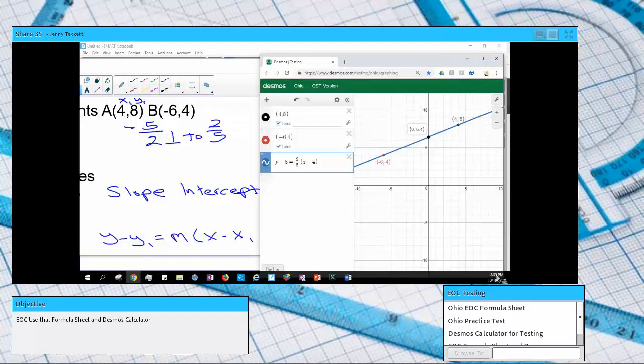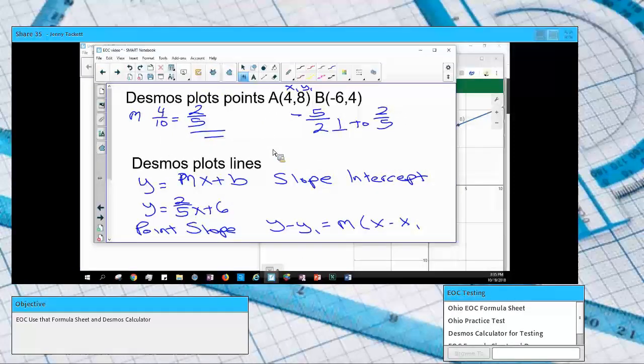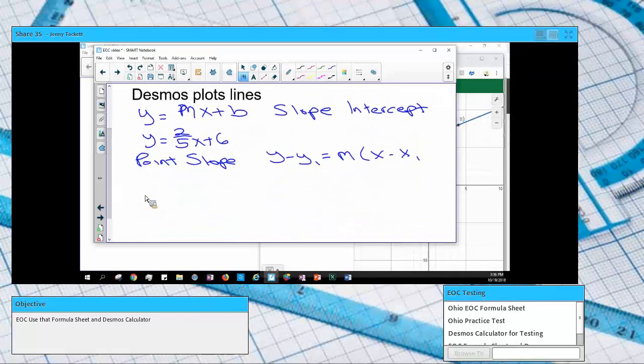So if I can at least remember one of these formulas, I can graph this line. If I have a point off the line, say they want me to do a line perpendicular, I'd have to know this rule about the opposite reciprocal. But then all I'd have to do if they gave me a point, say 6, 4, and I know my slope is the opposite reciprocal, I can use that same point slope formula.